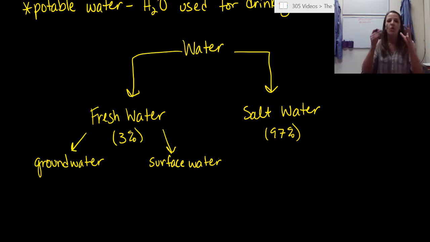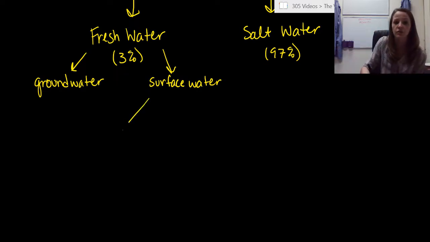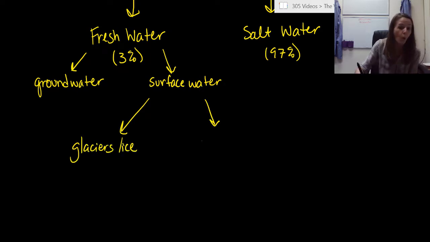They're basically water reservoirs, which you can access, but you have to pump it, and you need a well. It's not necessarily the easiest for us to get. If we break down the easy stuff to access, the surface water, we can really break it into two different categories. We have glaciers and ice, or you have lakes and rivers.